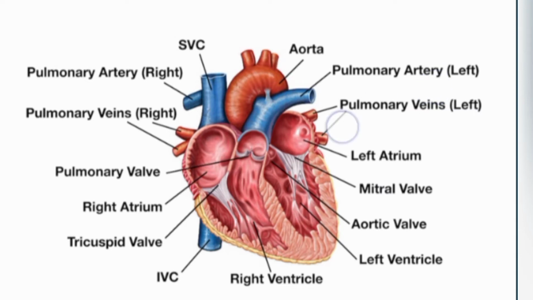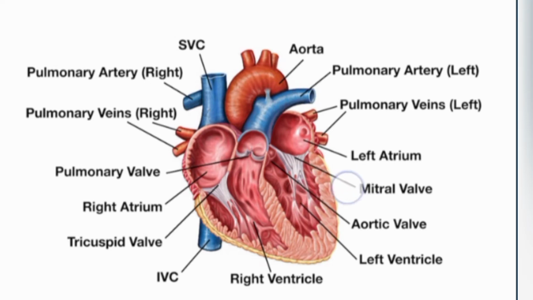Now, the left atrium also contracts like the right atrium contracted. When this left atrium gets filled up with blood, it contracts and the oxygenated blood is pumped into the left ventricle.